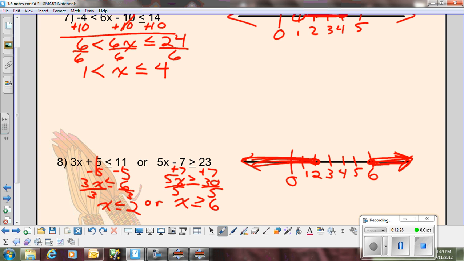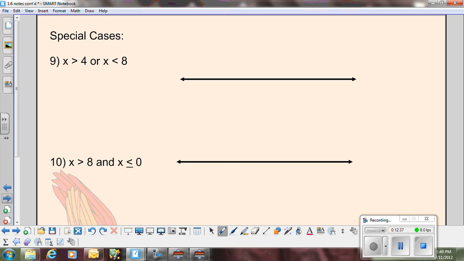Now, there's a couple of special cases I want to look at, so I have one more slide to show you. It'll be a quick one. What happens when I have x greater than 4 or x less than 8? Let's see, we got 0, 1, 2, 3, 4, 5, 6, 7, 8.